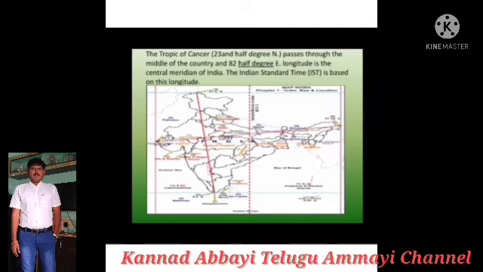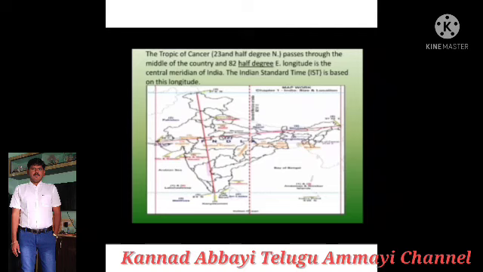And one more part, the longitude, we can also see there, from Kanyakumari up to Jammu and Kashmir. This is also one of the important lines which passes through India.